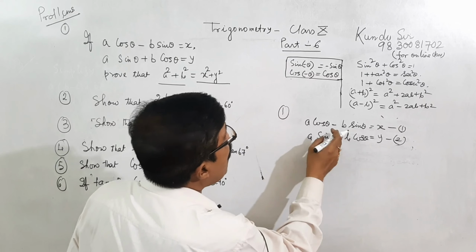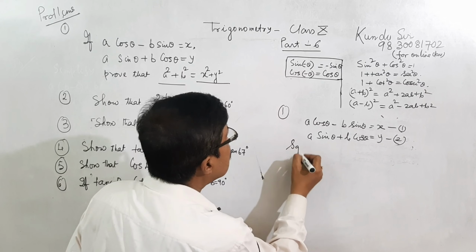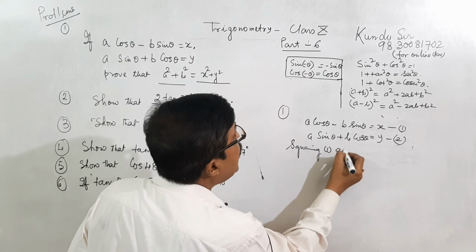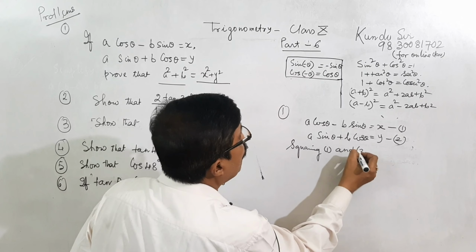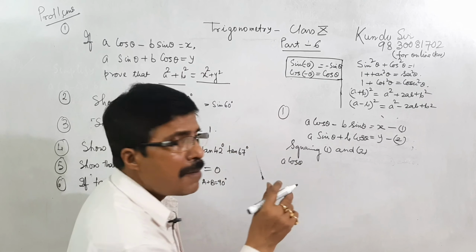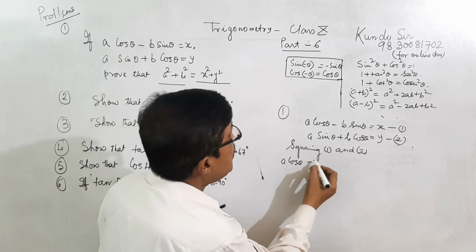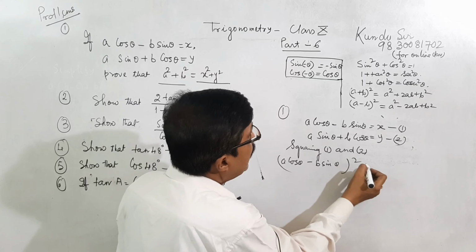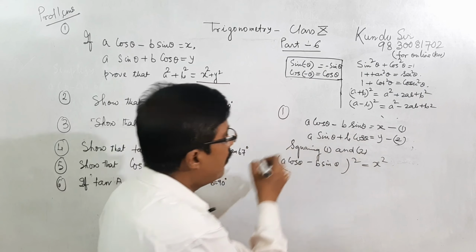Now squaring 1 and 2. a cos theta minus b sin theta whole square equal to x square.